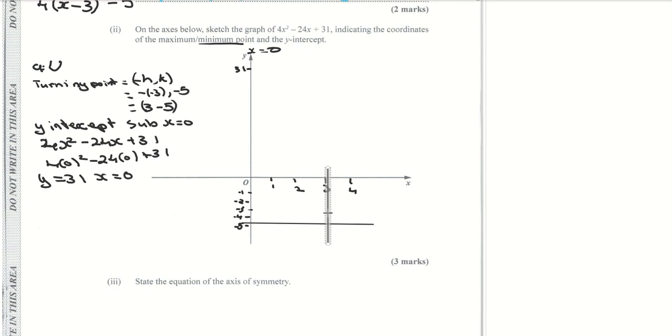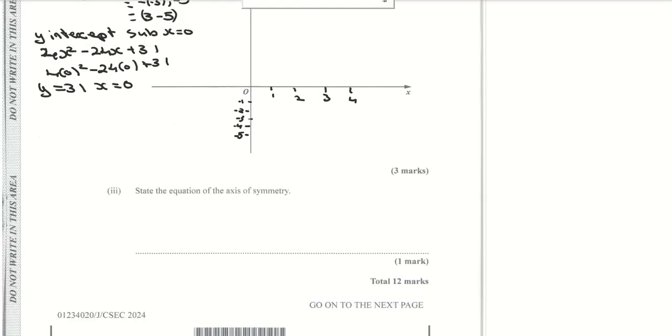So where y is equal to 5 and x is equal to 3 would be my turning point. So my turning point is going to be, let's use a red, somewhere around here.